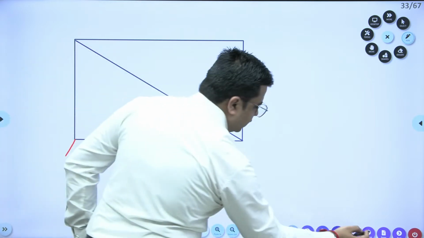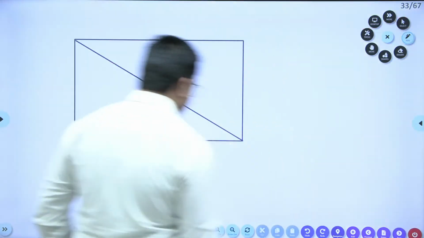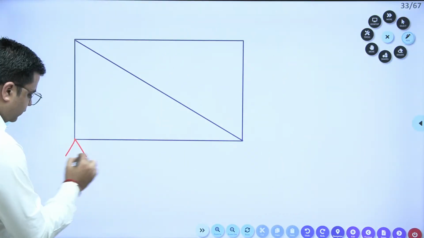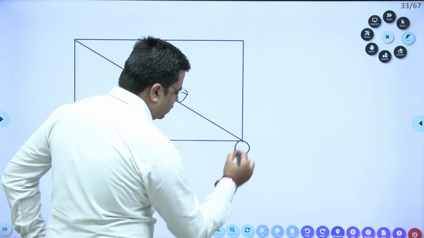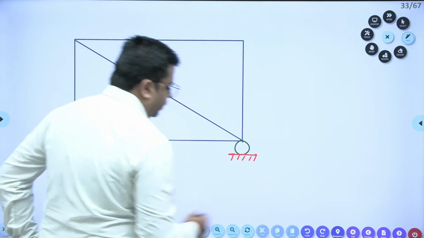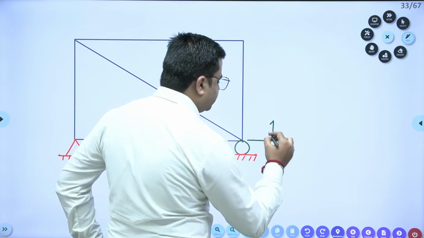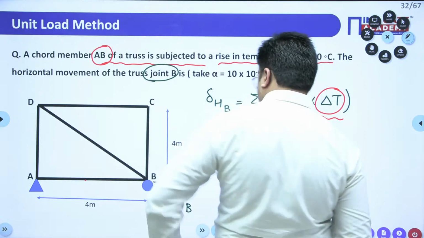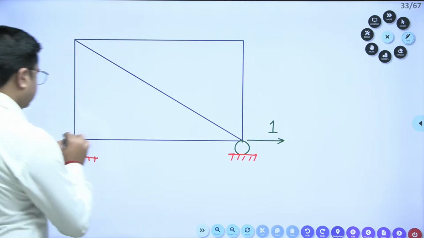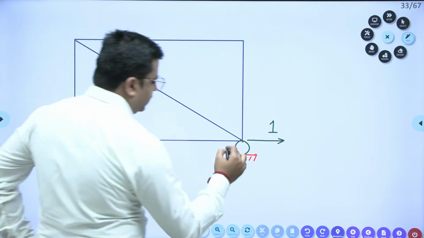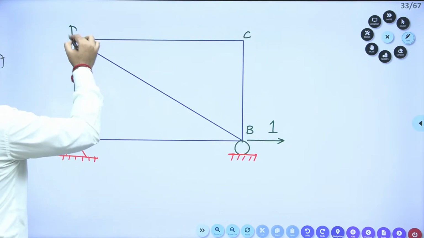Here I have a hinge support and on the other side a roller support. So this is my hinge support and here I have a roller support. Now I have to apply a unit load at this point B. The points are A, B, C and D.